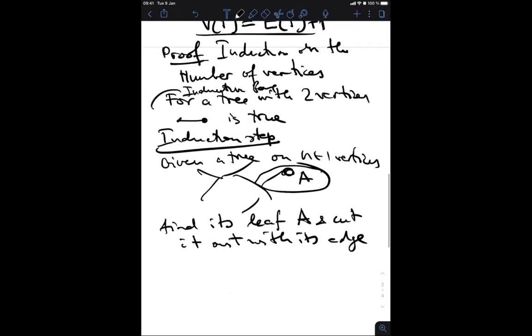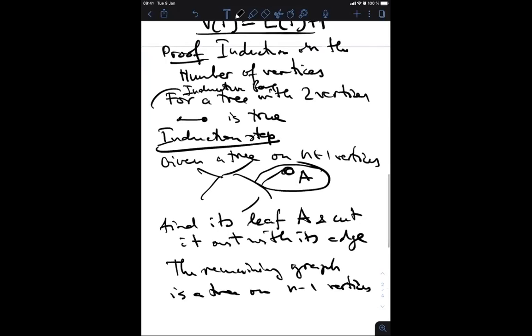So the remaining graph is a tree on n-1 vertices. Why should it be connected? Well, it's connected because the original thing was connected, which means that it has a unique path between any 2 of its vertices.